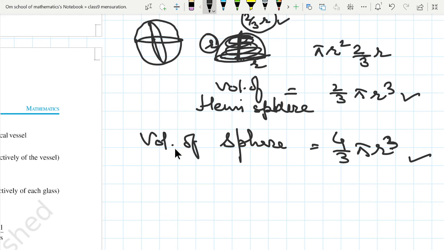Okay, we are talking about volume, but we should not forget that there are other features also of the cylinder.